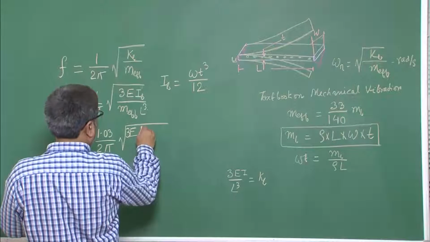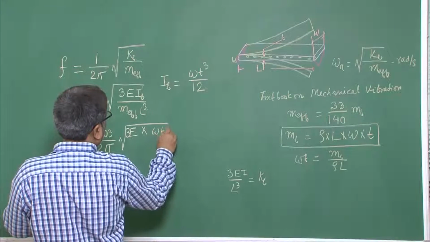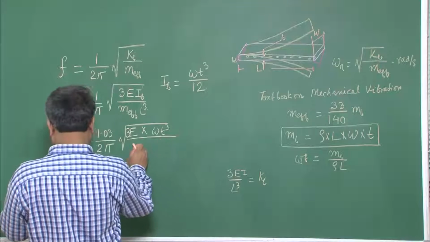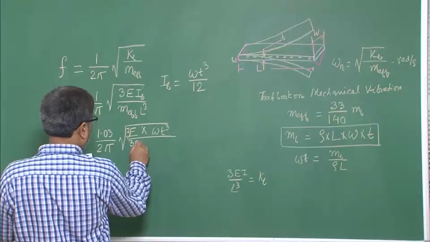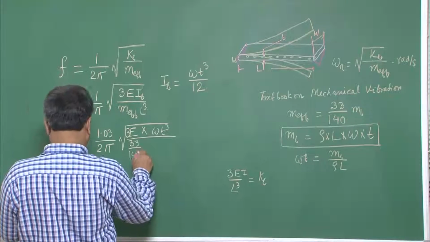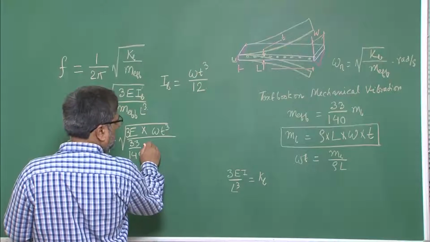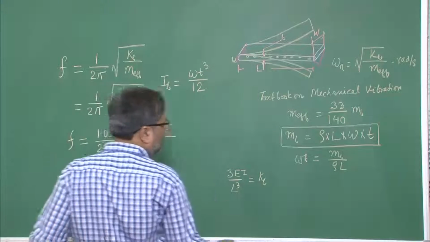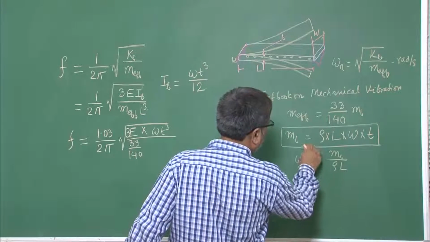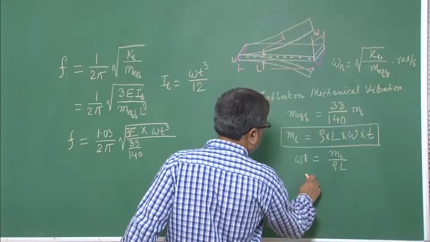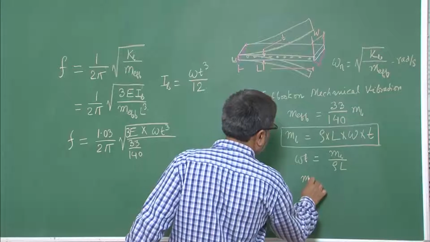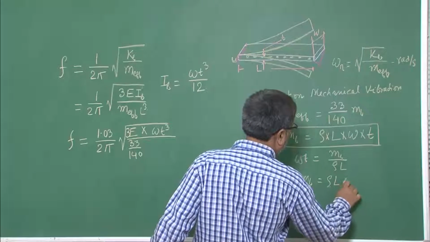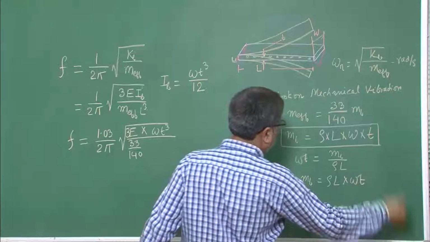Then we have W T cube, then we have M effective, which is 33 over 140, and MB I can write as rho L times WT, right.